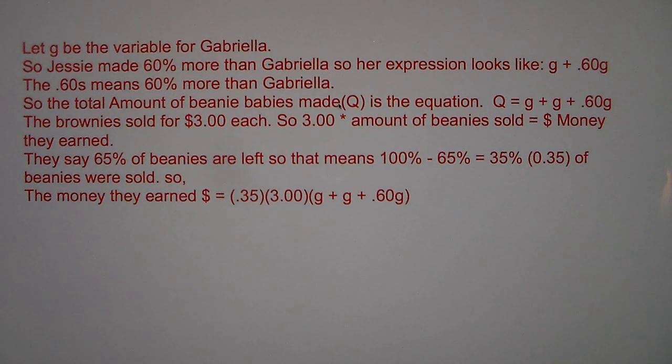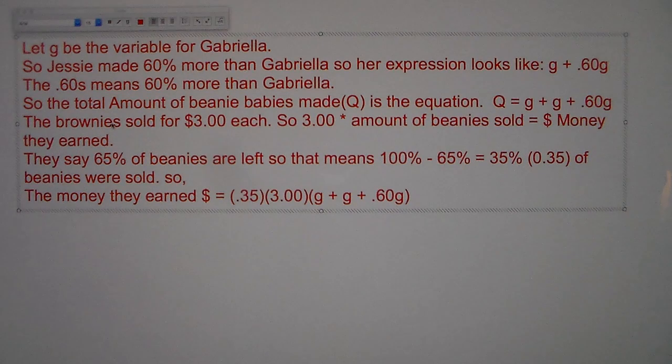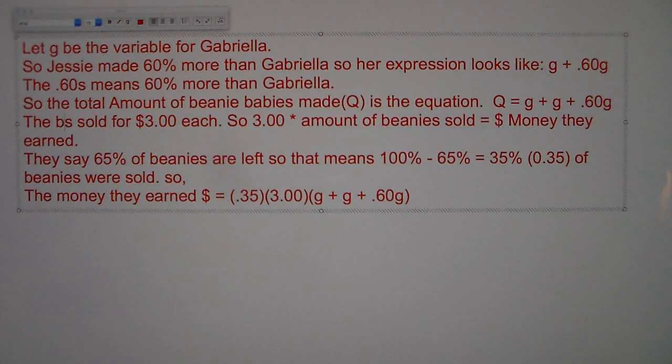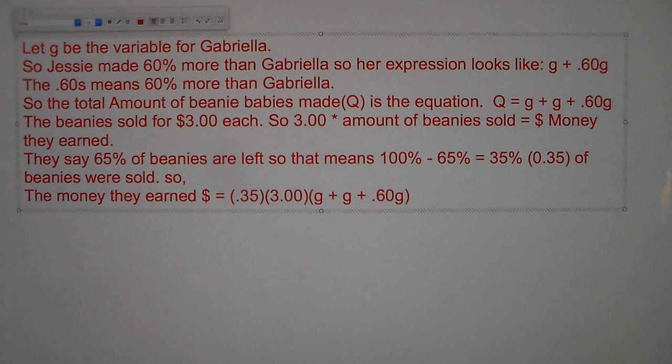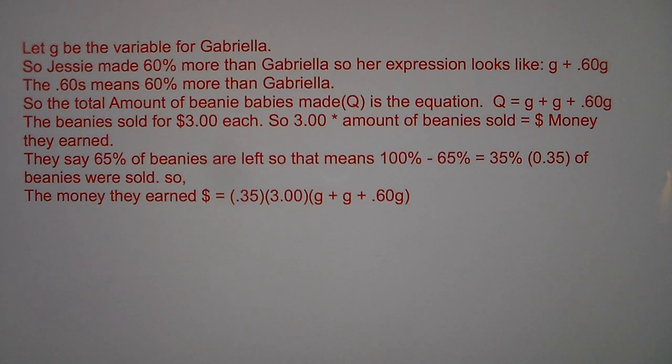So the total amount of Beanie Babies that were made will be represented as Q. So Q equals G plus 0.6G is an equation that represents all the Beanie Babies that are made. The Beanie Babies sold for $3 each, so $3 times the amount of Beanie Babies sold equals the money that they earned.